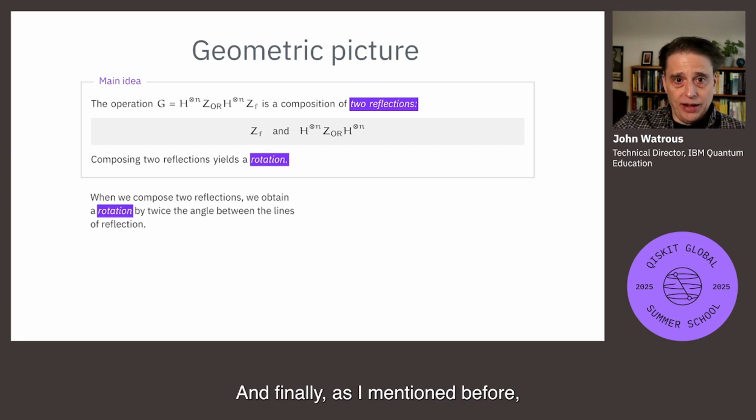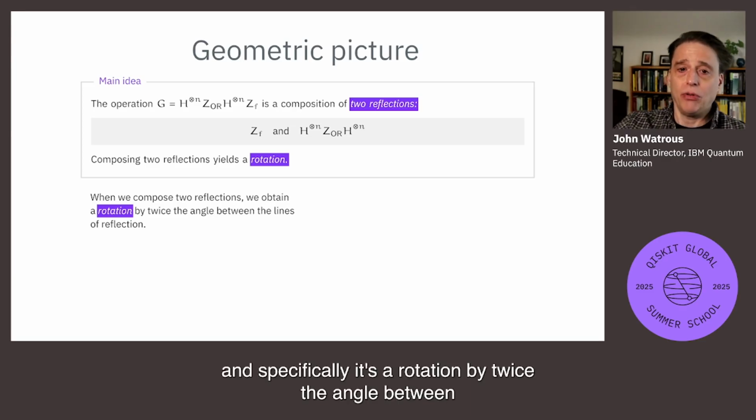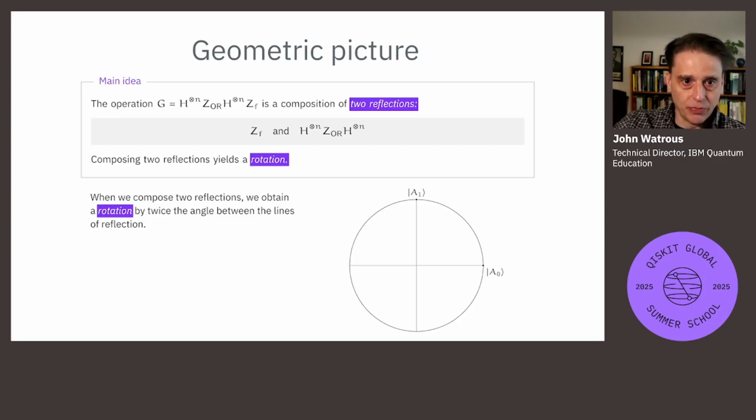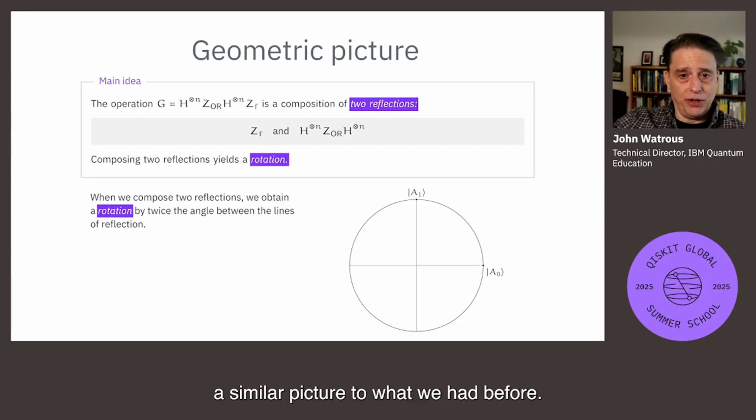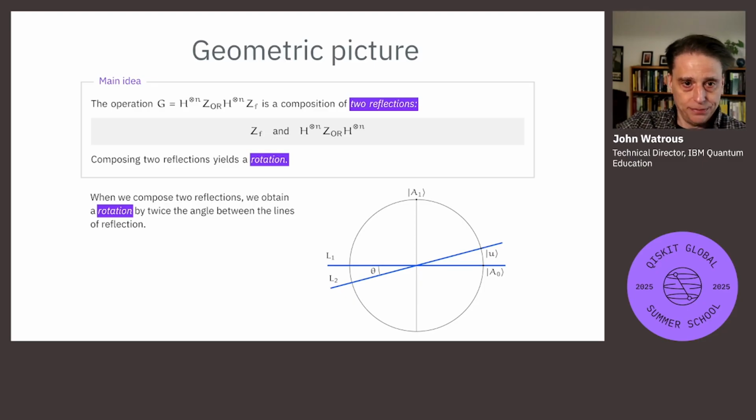And finally, as I mentioned before, whenever we compose two reflections, we obtain a rotation. And specifically, it's a rotation by twice the angle between the lines of reflection. So let's draw a similar picture to what we had before. Here are the lines of reflection, which have the angle theta between them.